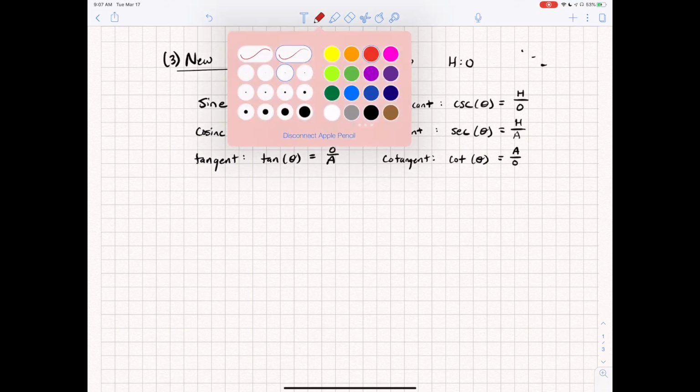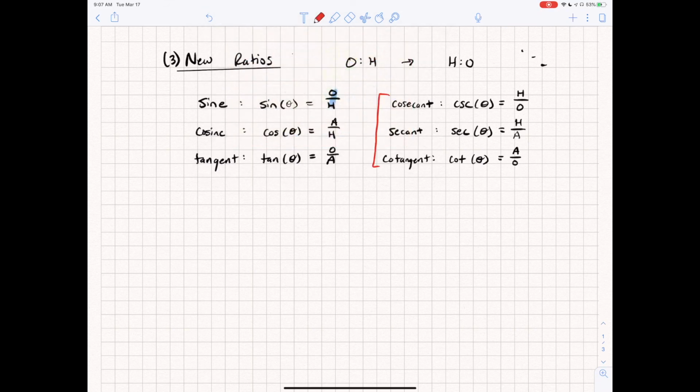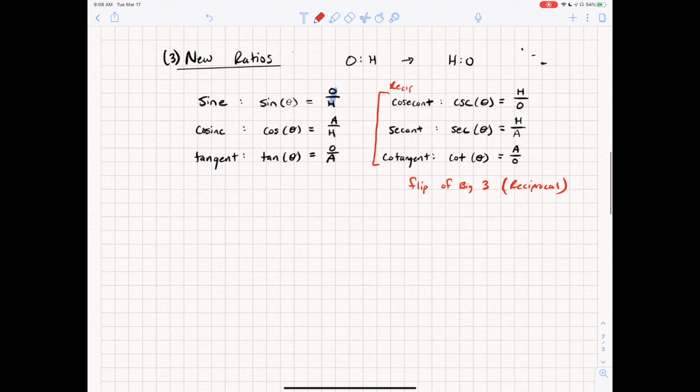So notice that in these new 3 ratios, what I'm really doing is I'm just looking at the flip of the big 3. This is known again as the reciprocal or reciprocating a fraction or a ratio. And so another way to look at these big 3 is they call these the reciprocals.